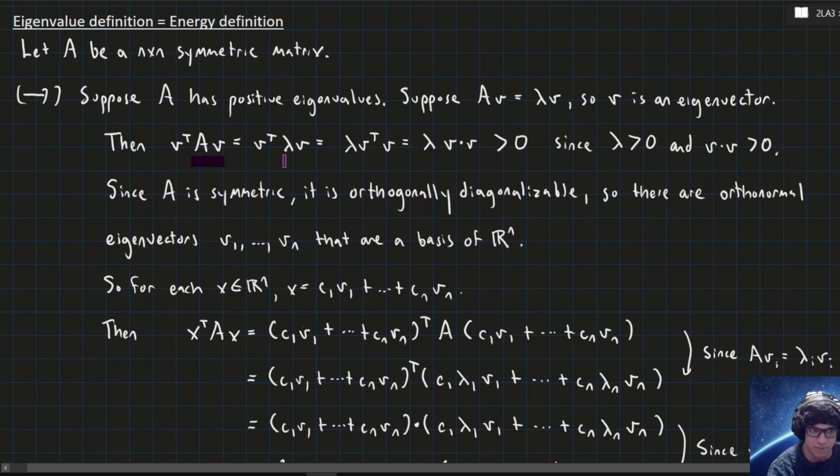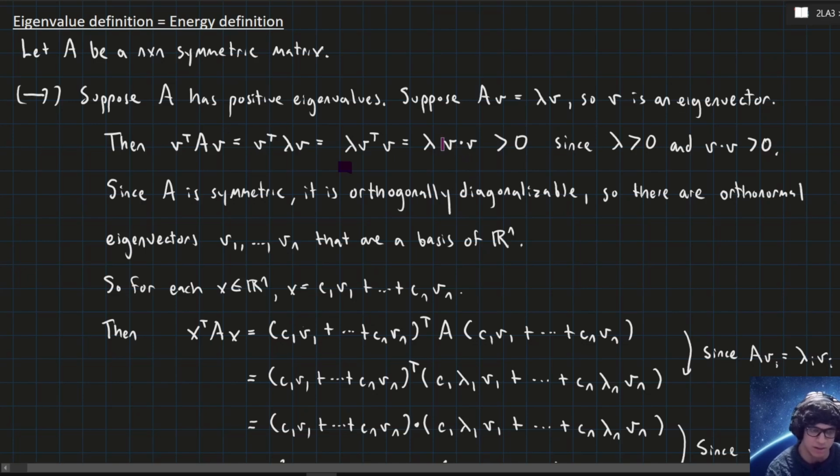I know that AV equals lambda V just by the eigenvector equation. Now I can put the lambda on the left-hand side, since it's a scalar, I can move it around.